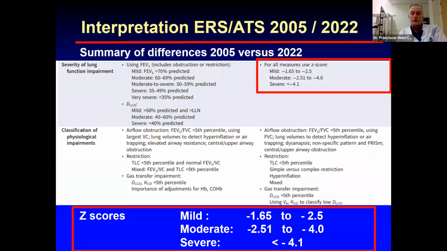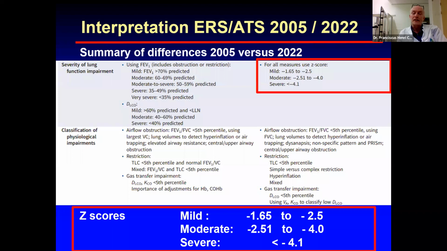It could be an obstructive pattern. As stated, the severity now is also not based anymore on percentages of predicted, which formerly was 80% being mostly normal, 70% mild, 60% and so on.